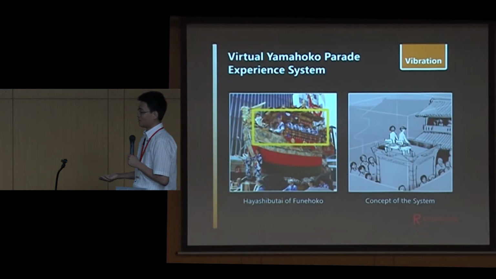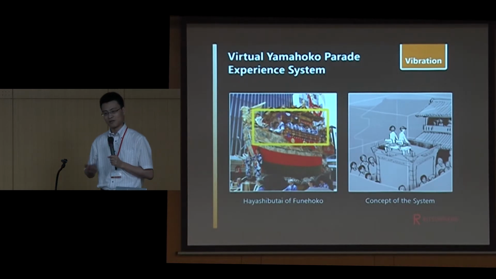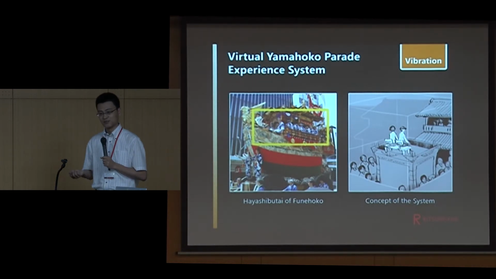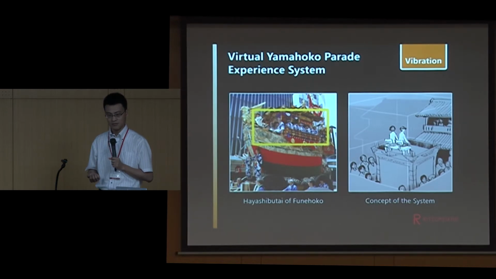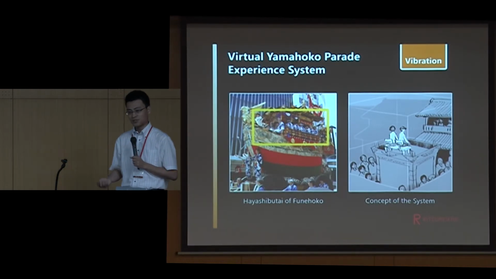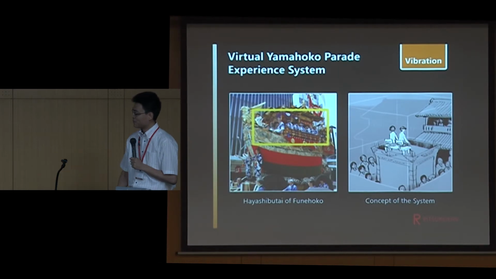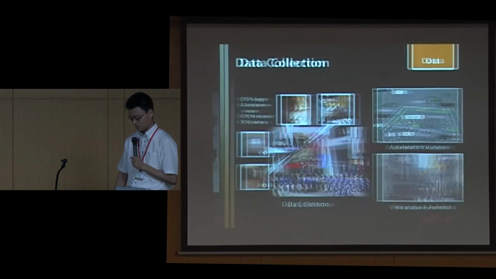So next step, we not only want to reproduce the CG, the visual information, we also want to reproduce the whole experience. So how to do that? We use virtual reality methods, not only visual and sound, and we also want to reproduce the vibration from the float.